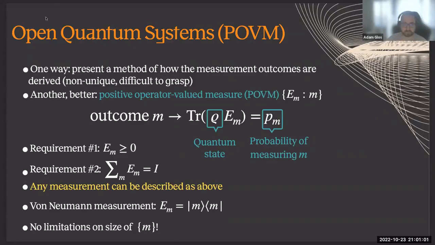However, here I will just use this as something known. Suppose that we have a machine which accepts a quantum state rho, performs a measurement and gives us some classical label M.